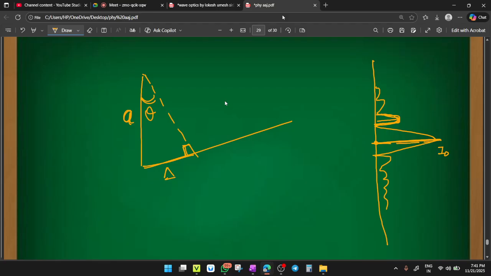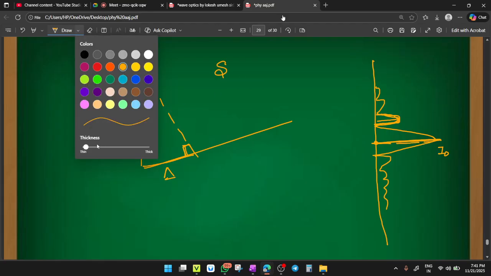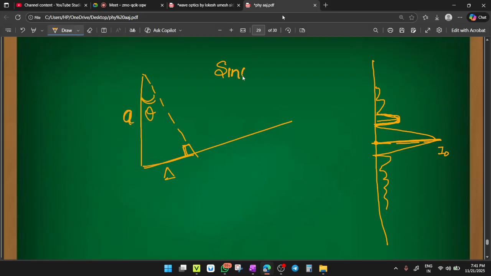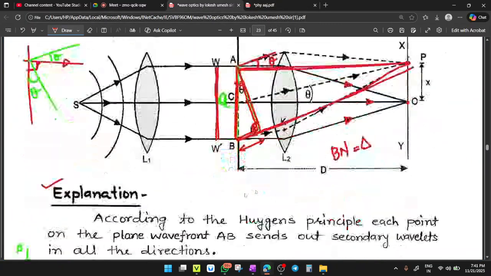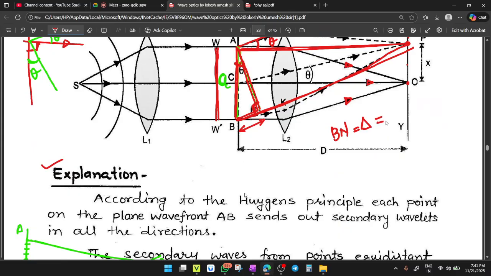Now, sine theta is equal to perpendicular upon hypotenuse. The perpendicular here is delta, and the hypotenuse, which is opposite to the right angle, is A. So delta becomes A sine theta. What is delta? Delta is the path difference. So we have got the path difference delta equal to A sine theta.